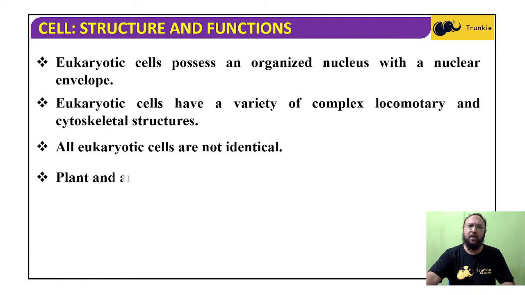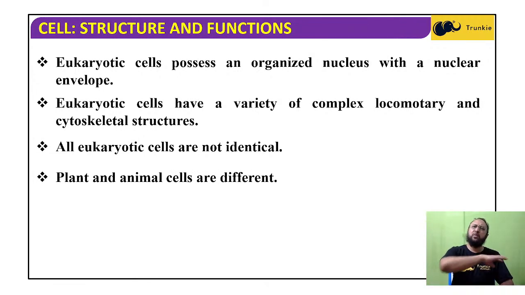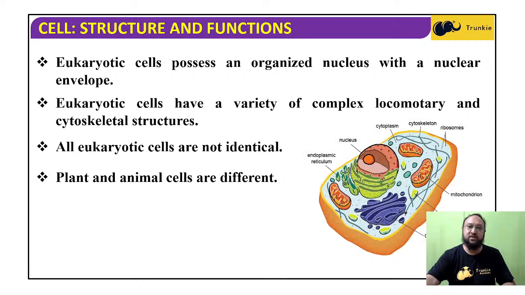All eukaryotic cells are not identical. That means many different varieties of eukaryotic cells are found. There is great variation in the eukaryotic cells of plants and animals. We see a distinct difference between the eukaryotic cells of plants and those of animals. The most prominent difference is the presence of a cell wall in plant cells and its absence in animal cells.